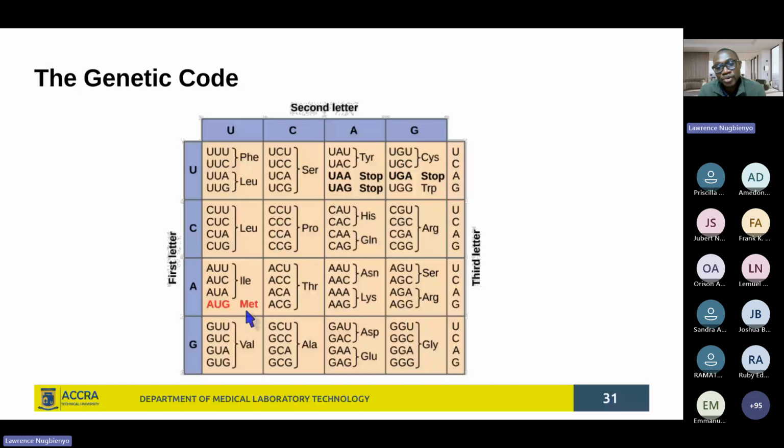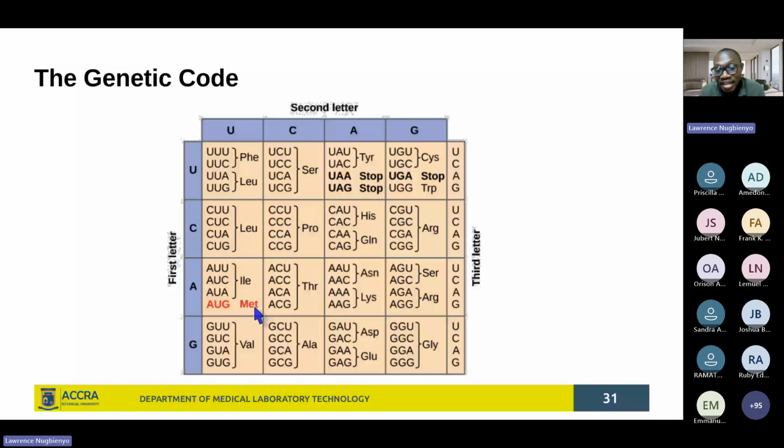You remember methionine was one of the amino acids with sulfur in it, and the second was cysteine. AUG, you see, is red because we refer to it as a start codon in the process of protein synthesis. AUG is the code that starts the protein synthesis process.